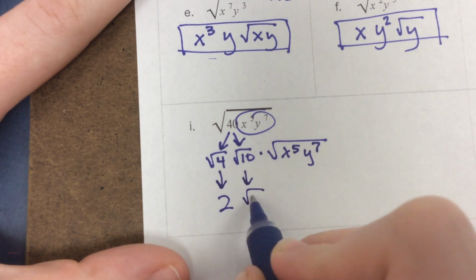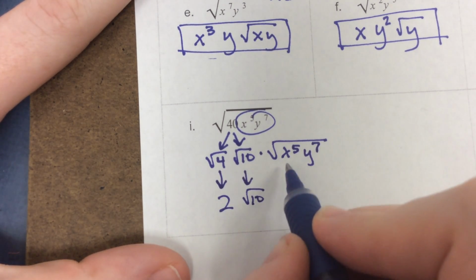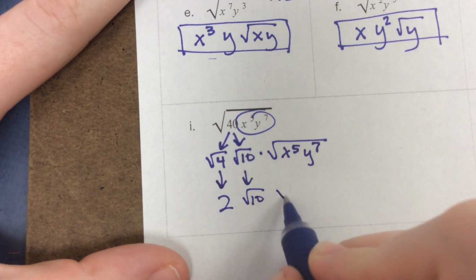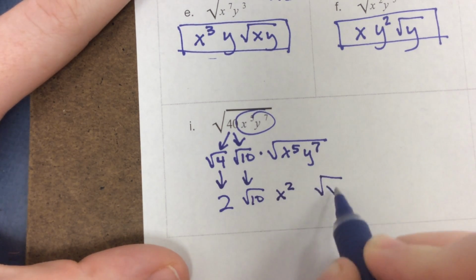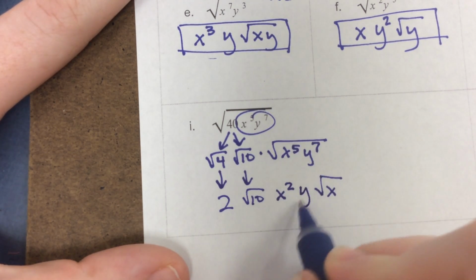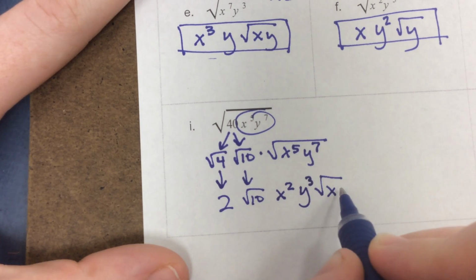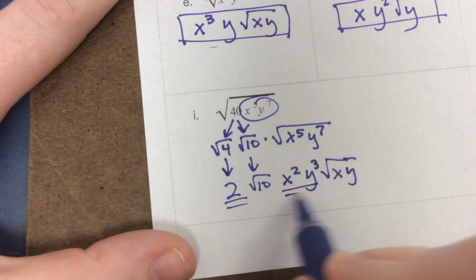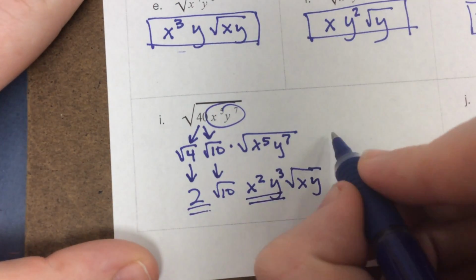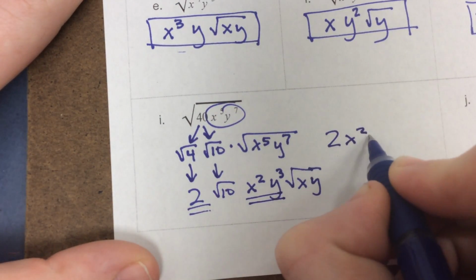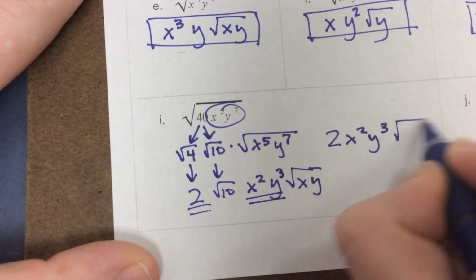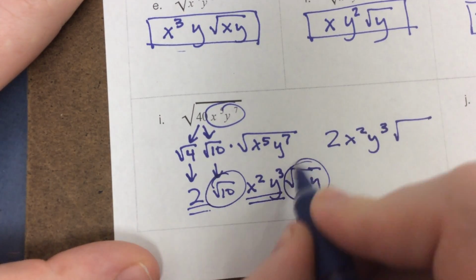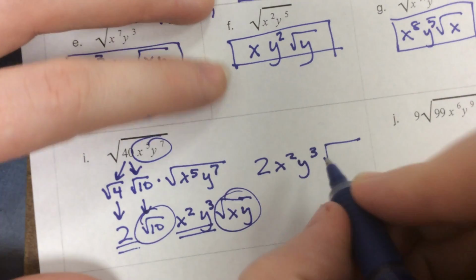The square root of 10 is messy. 2 goes into 5 2 times with 1 remainder. And 2 goes into 7 3 times, so y to the 3rd with 1 remainder. Then you combine everything that is outside of your square root. So I have 2x squared y cubed. And then you combine everything that's underneath the square root, so 10xy.